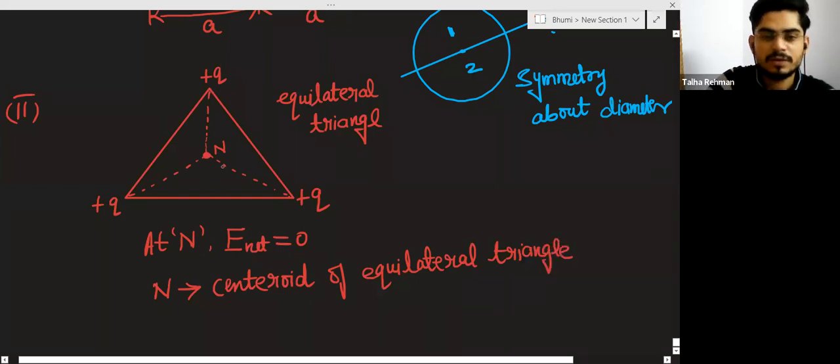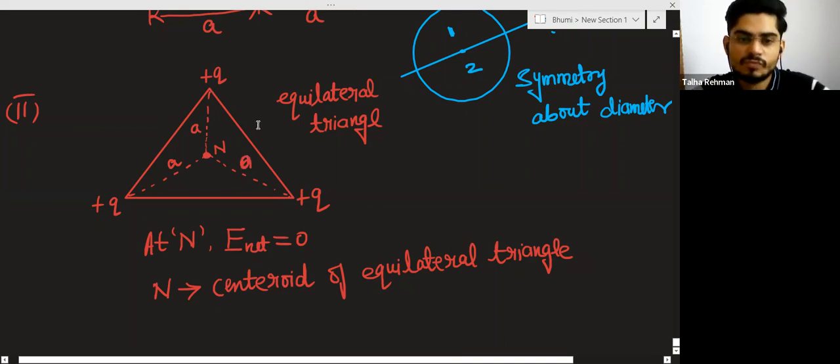If this is the centroid, then the distance between each vertex and this point is the same. This is A, this is A, this is A. Not B, this is A. This is the speciality of the centroid.